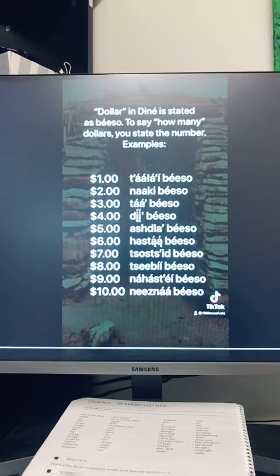So peso could be both a dollar and the general concept for money. If you say "she peso a den," I have no money, that's what that translates to.